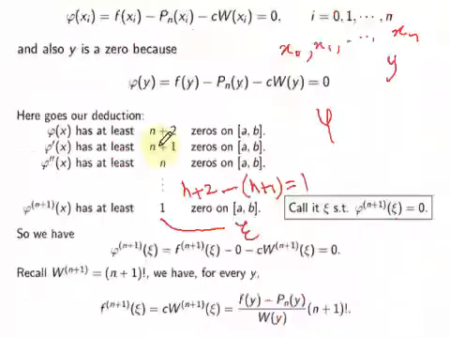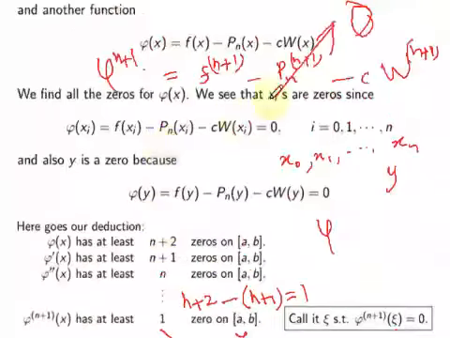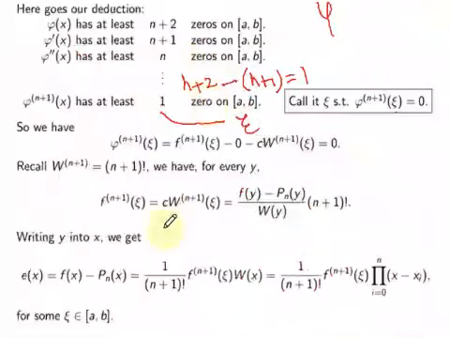So this vanishes. You end up with f's n plus 1 derivative at this point and this one here, and this is equal to 0.